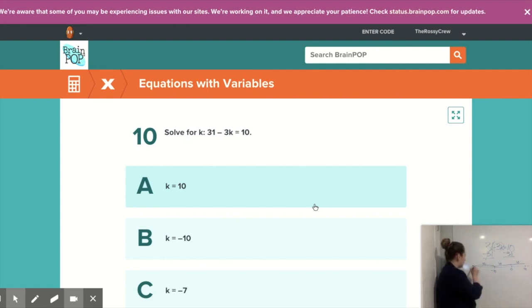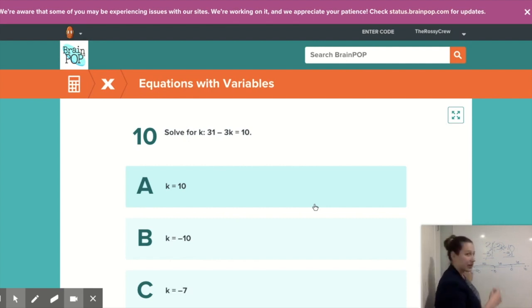And what is one more? What is negative 21? So now we went 31 jumps to the left, and that represents this minus 31. So positive 10 minus 31 is going to leave you with negative 21.